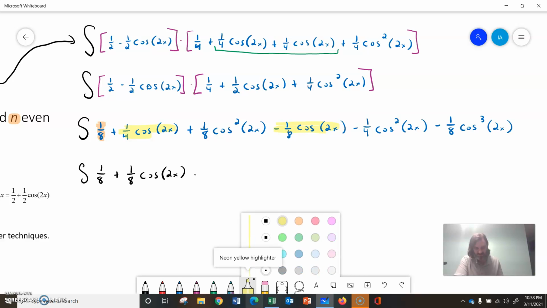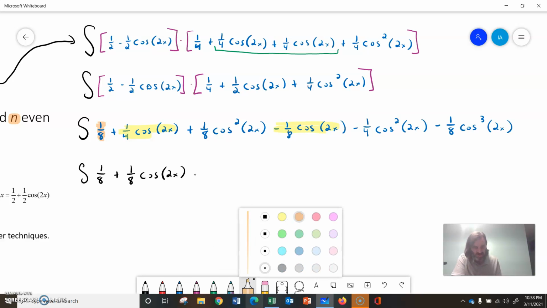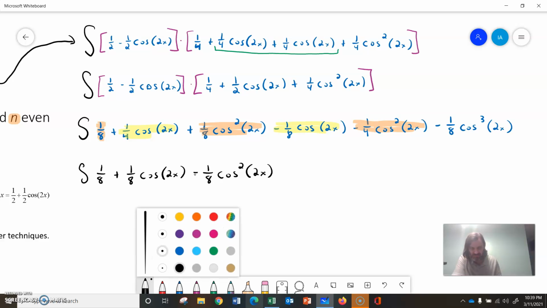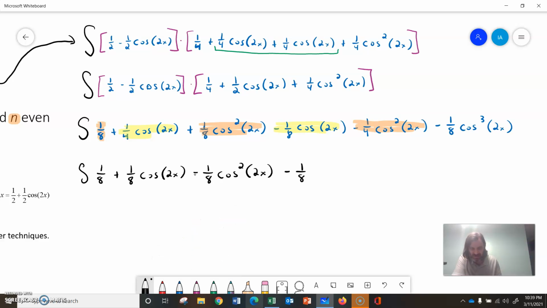Then we have a 1/8 cosine squared minus a 1/4 cosine squared. So 1/8 minus 1/4 is minus 1/8 cosine squared of 2x. And then lastly at the end we have minus 1/8 cosine cubed 2x. All this is dx. dx got lost somewhere in the mix here.